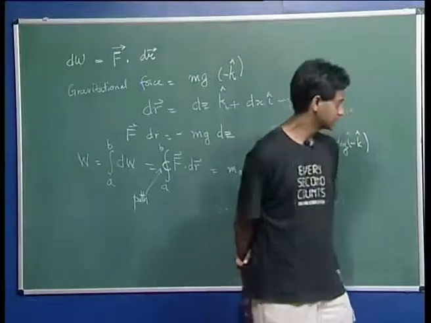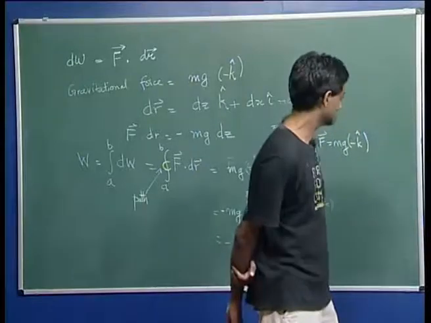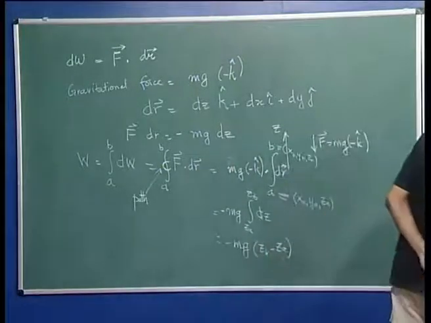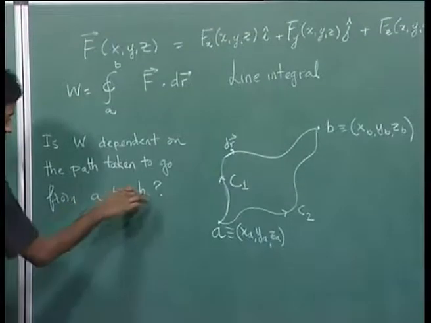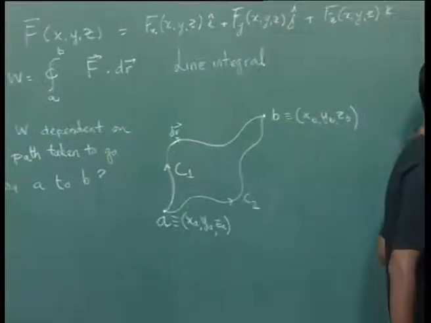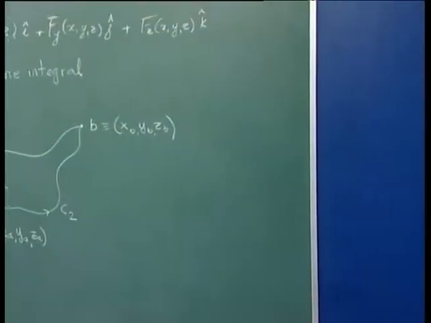Okay. So now we want to say that this work done in going from A to B may or may not depend on the path, and in some cases it depends, and in some cases it does not depend.